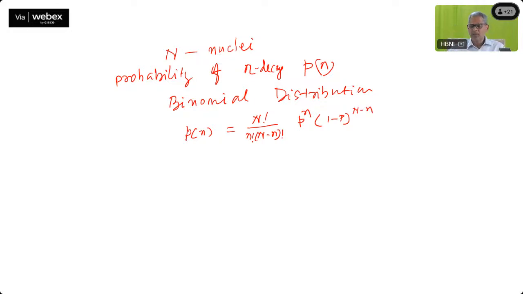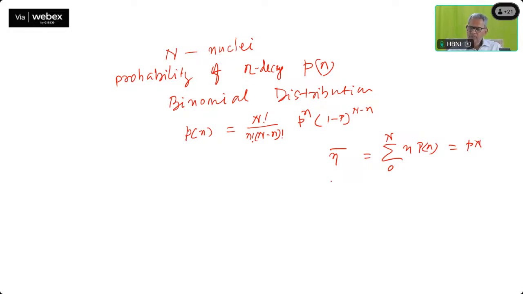This is called the binomial distribution, because you have only two options, either decay or not decay. And in this case, you can calculate n average, the sum from 0 to N of n times P_n.